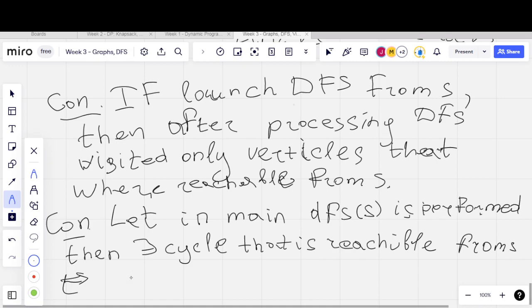Explain this: the first found edge to the gray vertex.